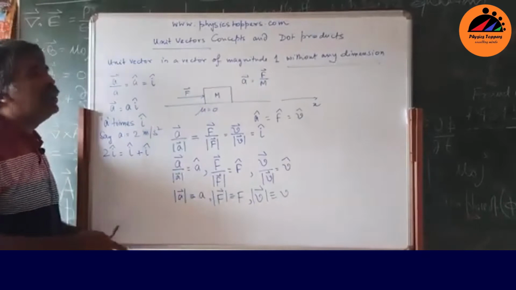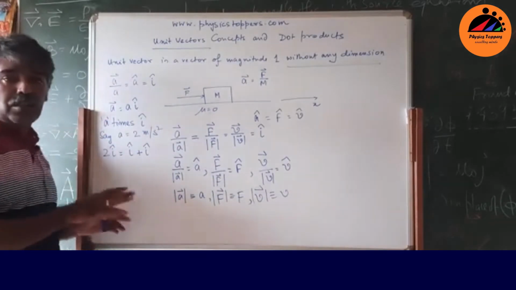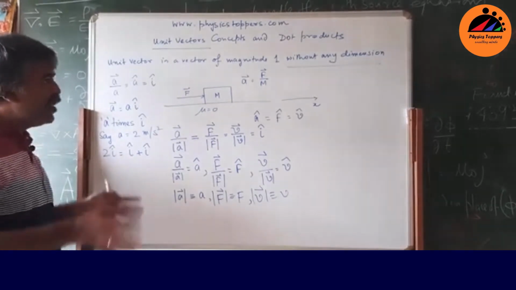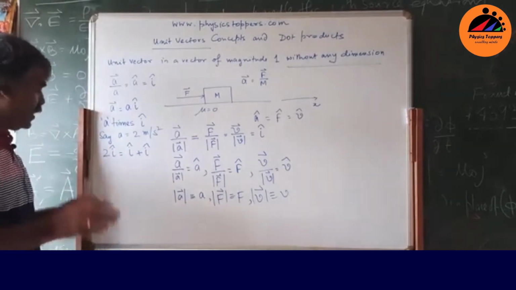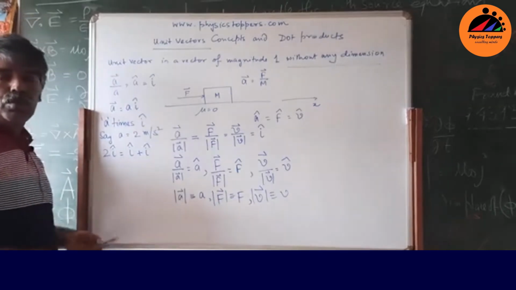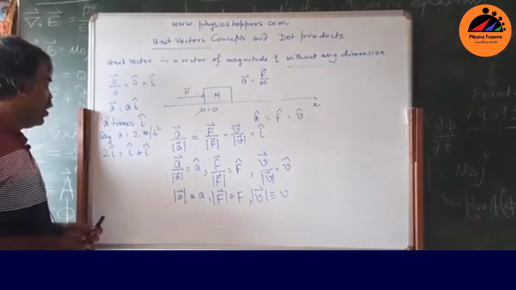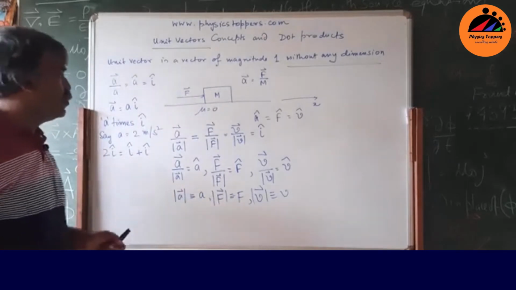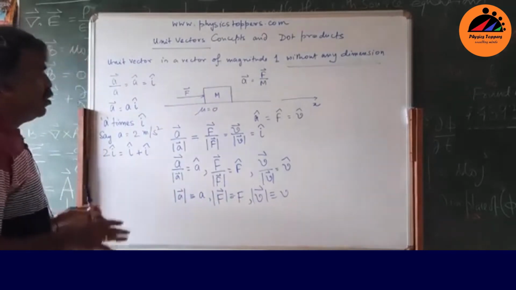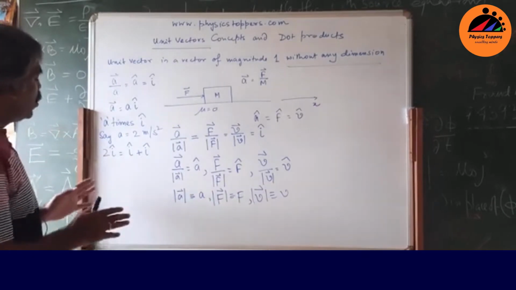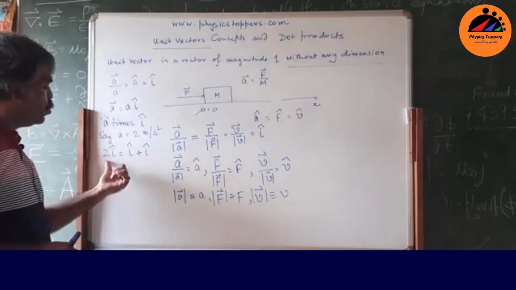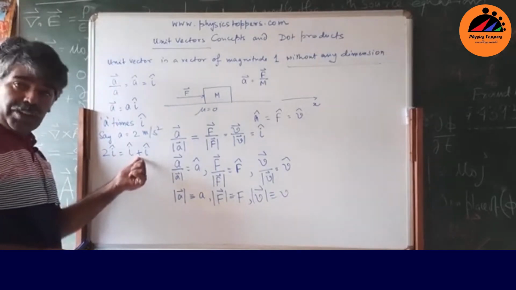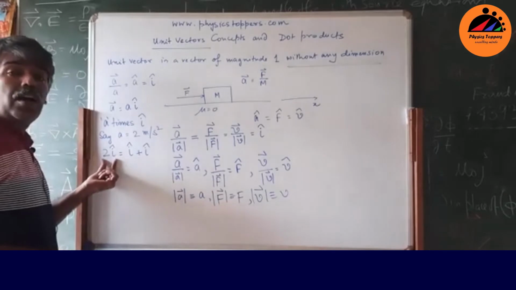I will not go into the details of that because that is not in the domain where we are studying this 11-12 physics. Still, when you grow old, those who are interested in physics will understand what a field, a group, a ring, a vector space, linear algebra is. So what is important is this 2 i cap is i cap plus i cap. This is an operation, but here we do not have any operation.